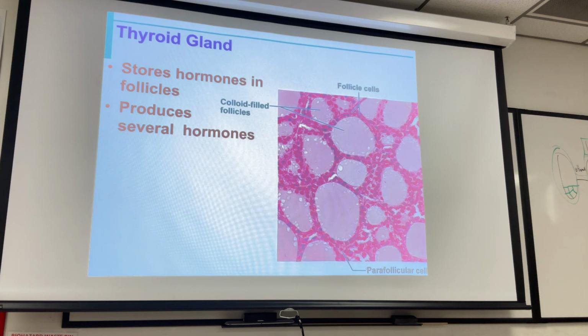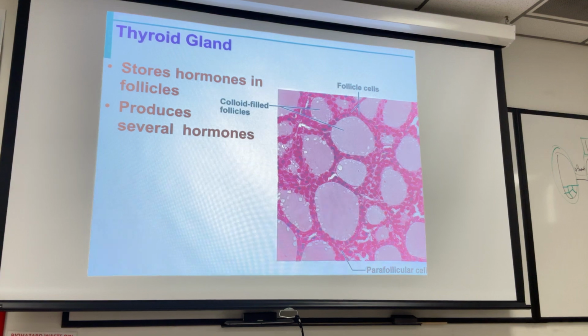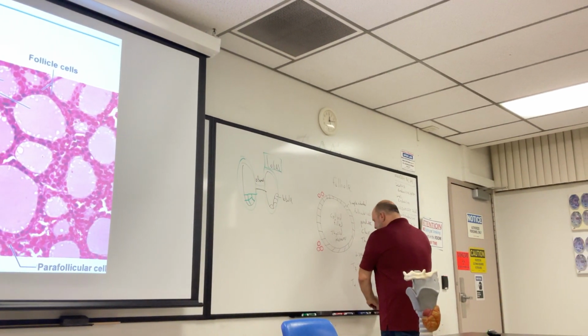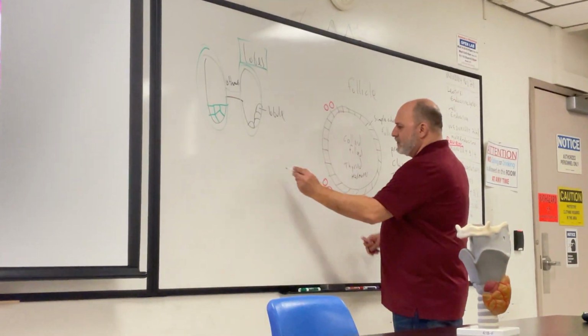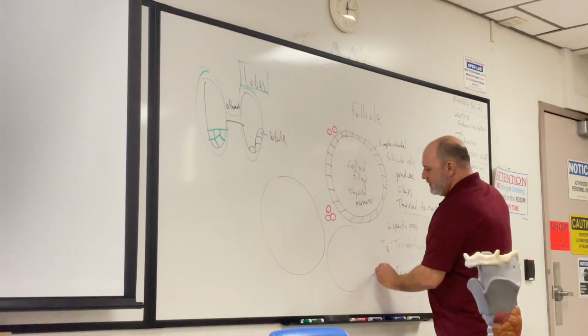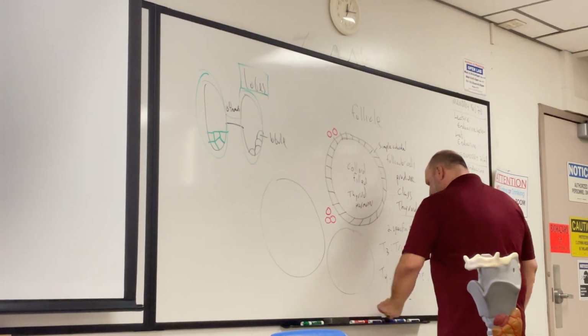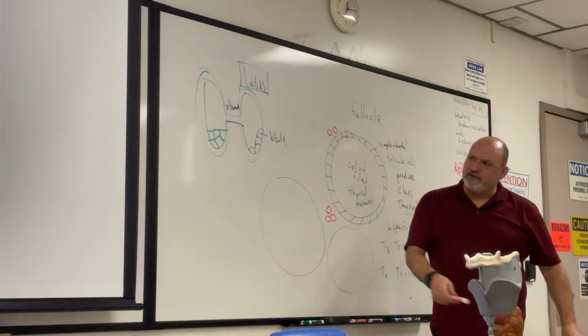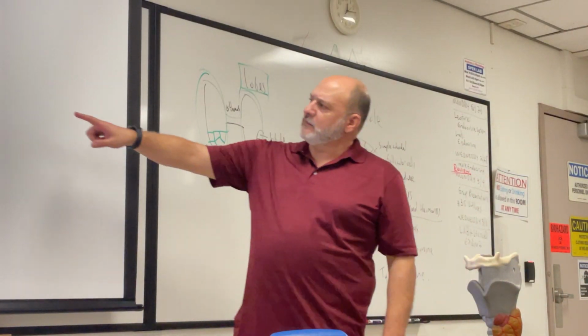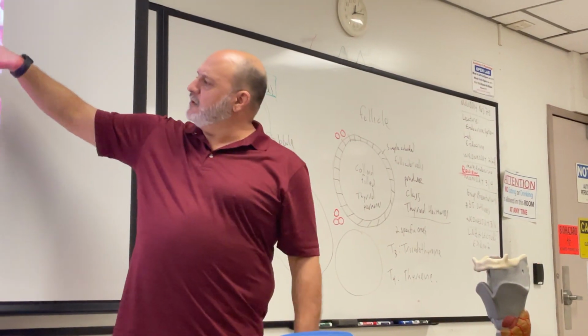So notice here we see a lot of follicles. We see a lot of that colloid filling those follicles. But notice to the side, in between the follicles, are clusters of little cells. Lighter colored cells here, right?